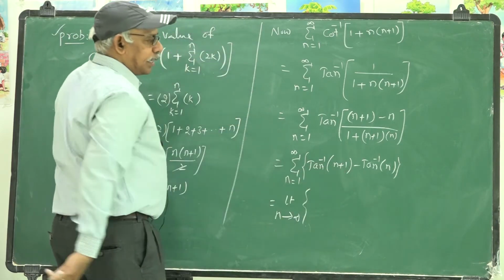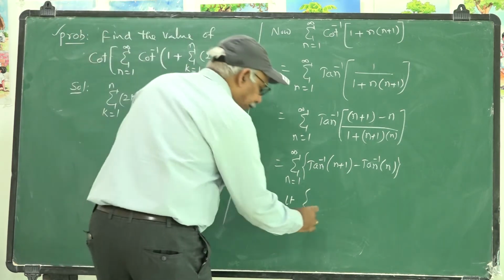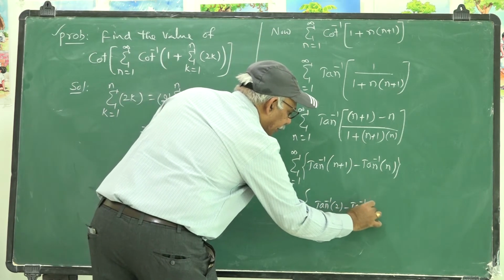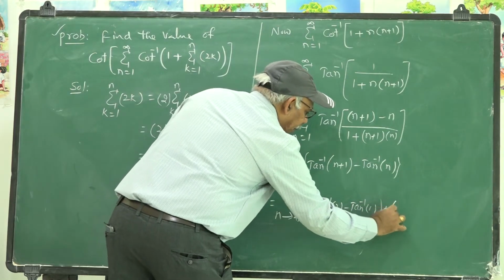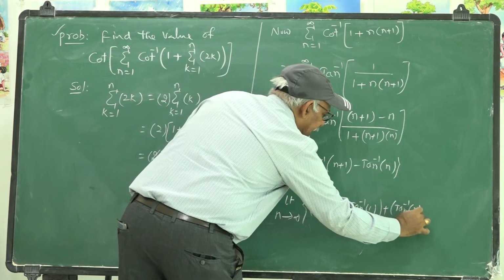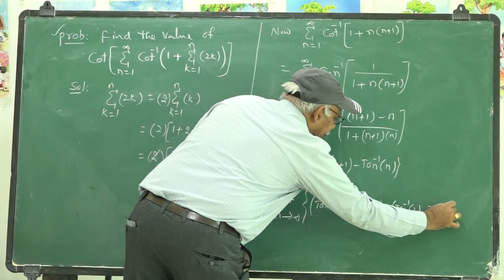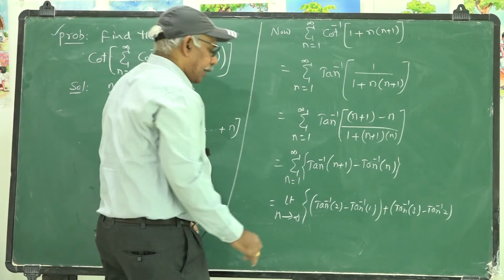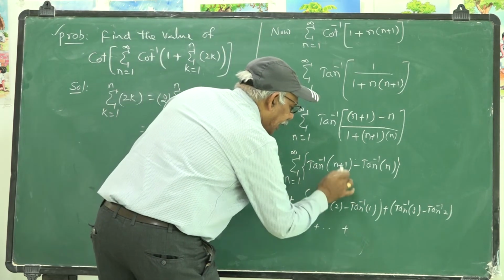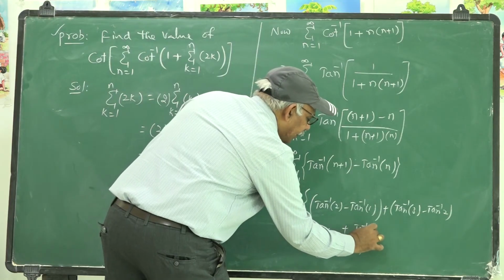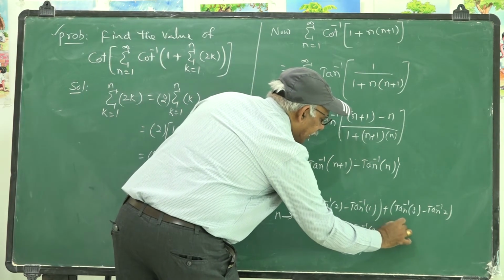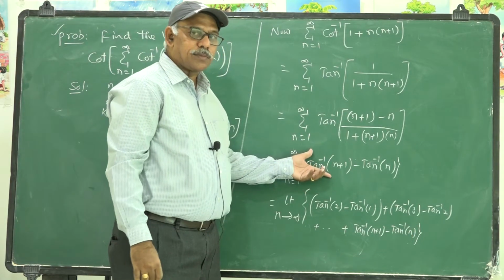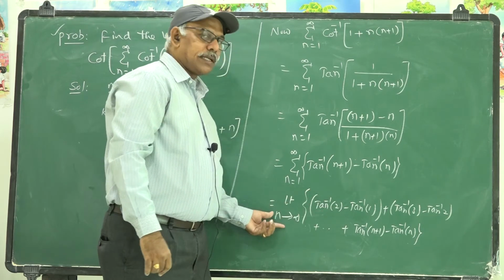That means as the number of terms goes to infinity. Tan inverse 2 minus tan inverse 1 plus tan inverse 3 minus tan inverse 2. Taking n equal to 1, we get this term. Taking n equal to 2, the term like that. Taking n equal to n itself, we get tan inverse of n plus 1 minus tan inverse n. Just I am taking the sum of n terms initially and applying as n goes to infinity.